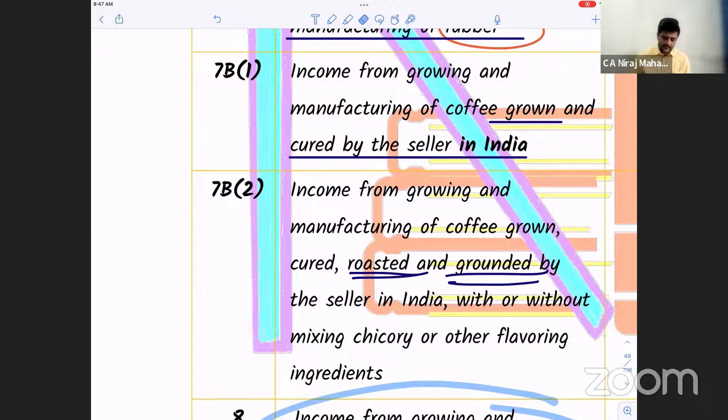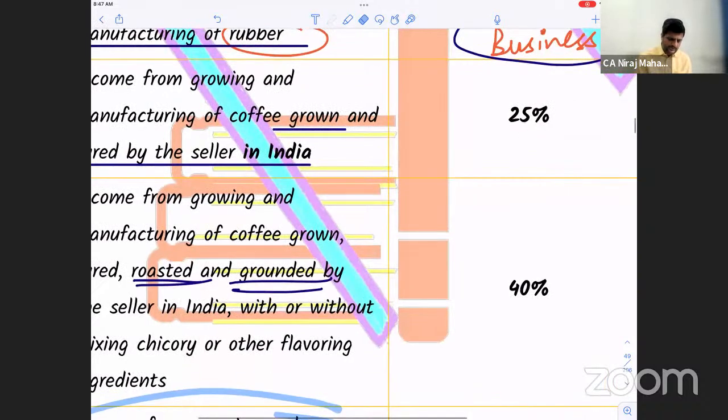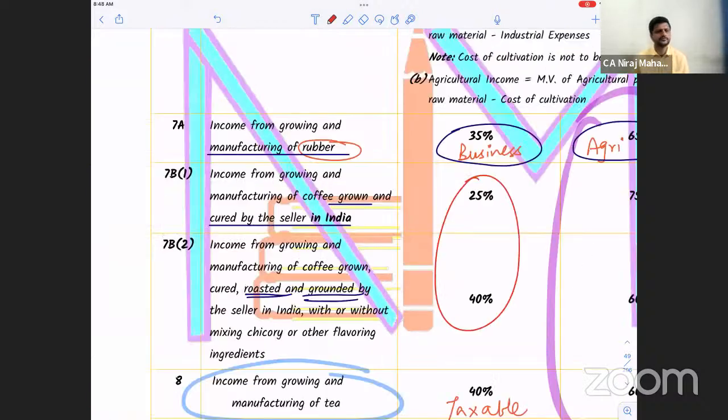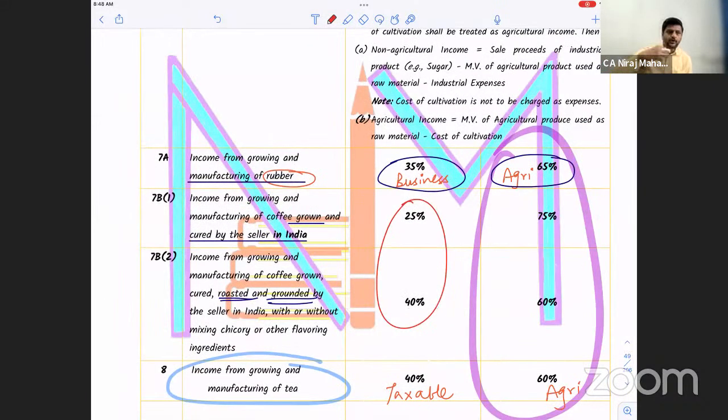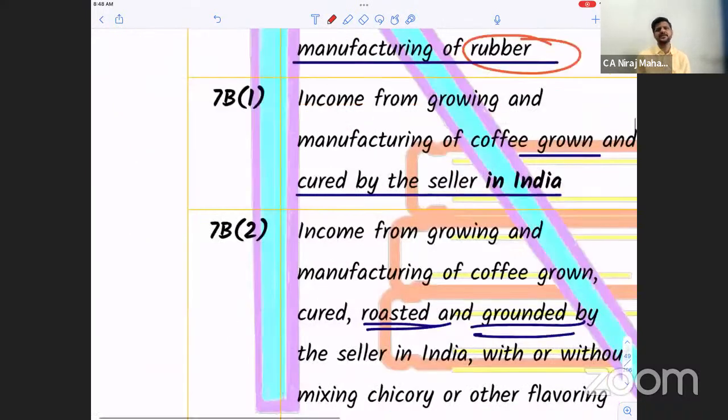So use this common sense now. The business income is higher in 7B2 coffee. The element of business income is higher, and the agri element is getting reduced. The source is the same, but processing is more. That's why the sell price may be more. This is the point I'm trying to tell you.